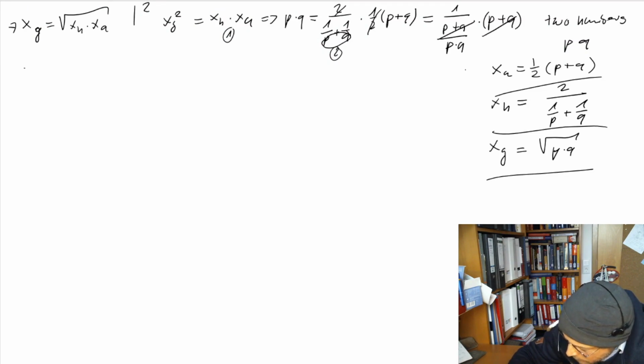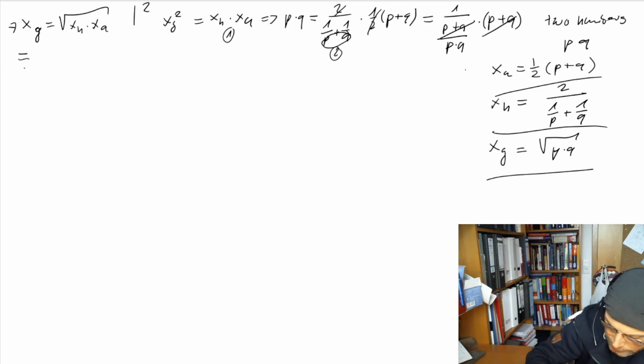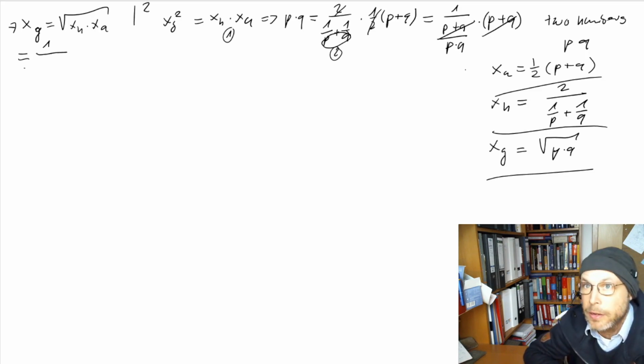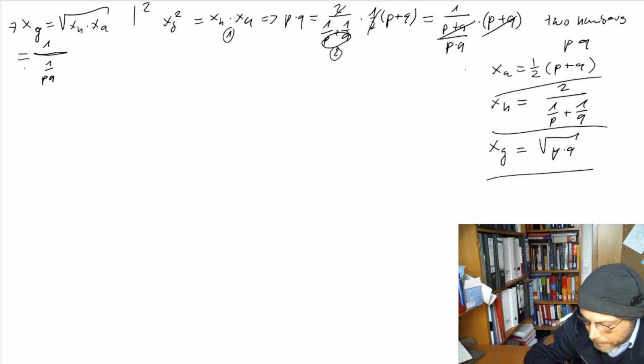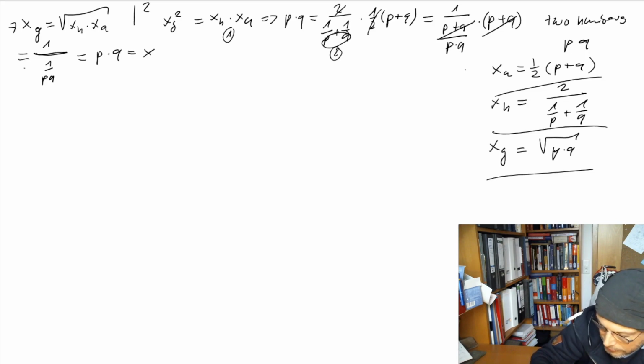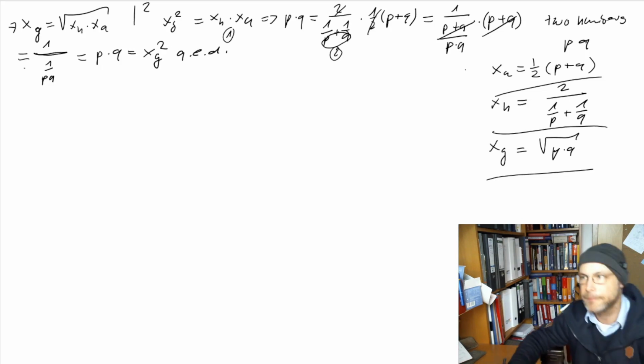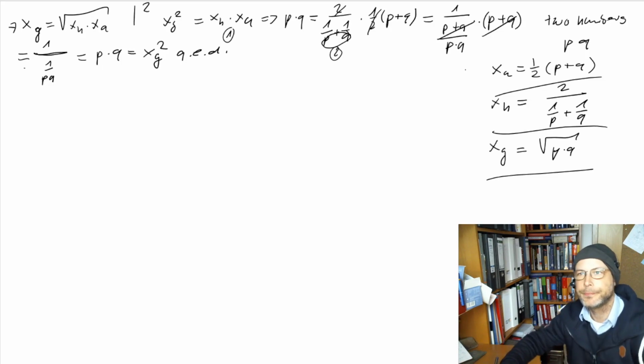This cancels out, and we obtain 1 over, this is now important, this is the large division and this is the small division. And then we obtain, of course, p times q, and this is xg squared, q.e.d. Here we go.